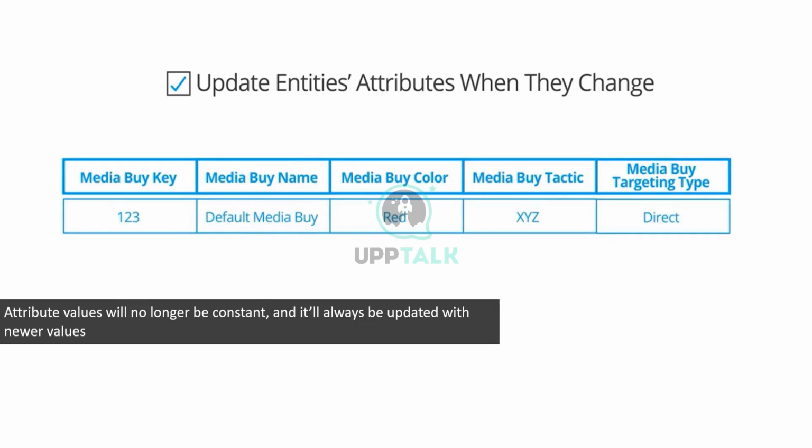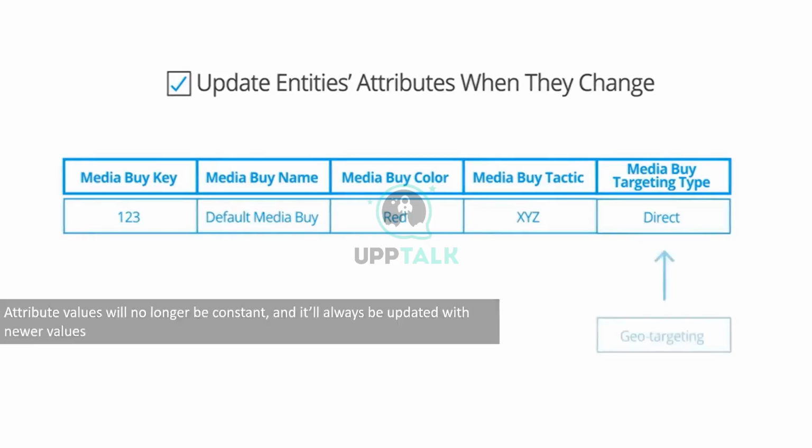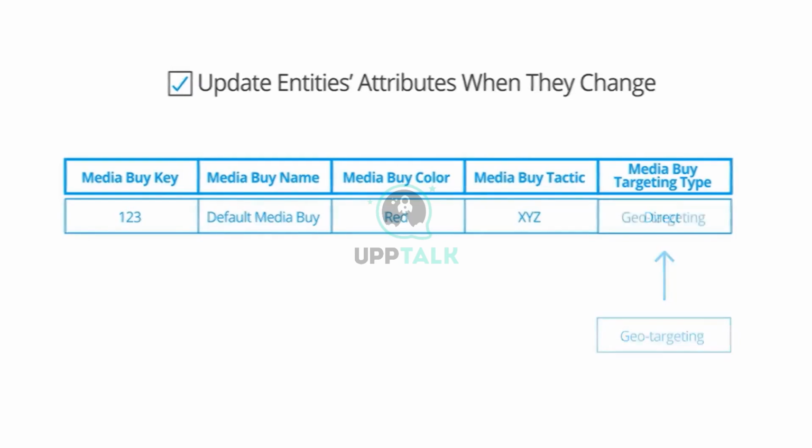Whenever you have changed it, update entity attributes goes ahead and updates the entire hierarchy of data, not only giving you the hierarchical data, but also helping you to always update it with the newer values as they come out. Now the example that I was talking about is shown in the slide.